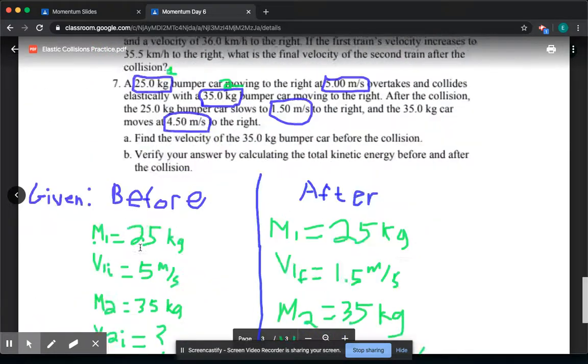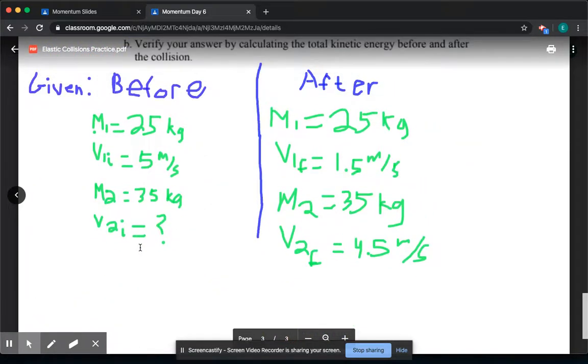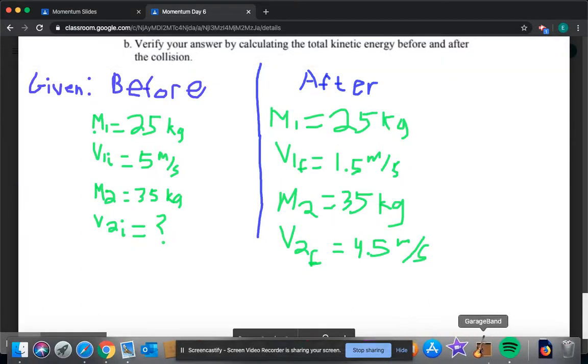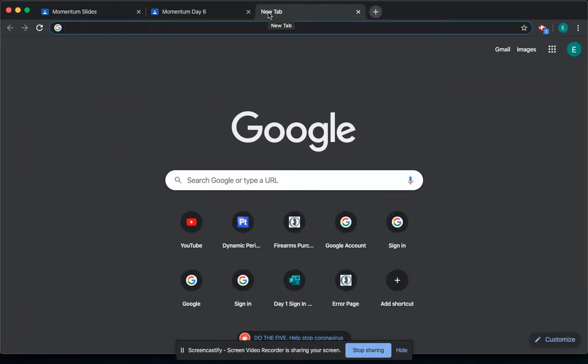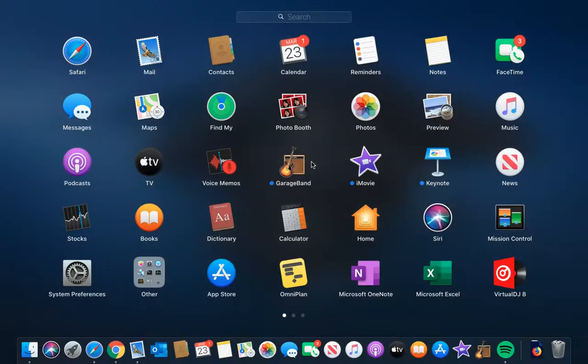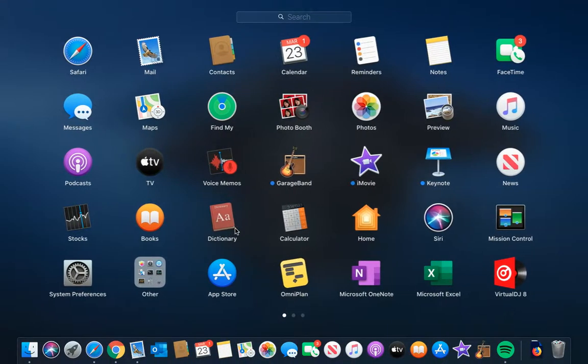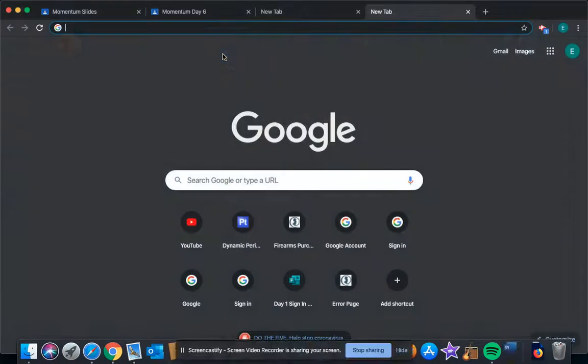Oh, I'm almost out of space here. That's no bueno. Let me see if I can pull up, because I don't want to erase stuff. Let me open up Microsoft Word so I can have a blank sheet to work with.